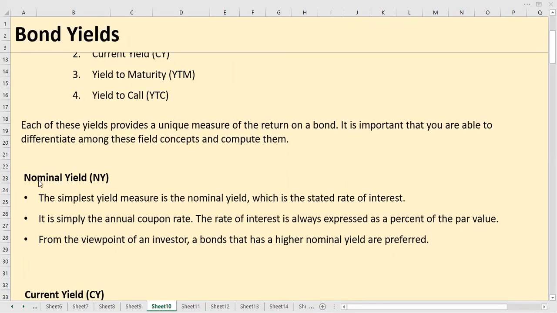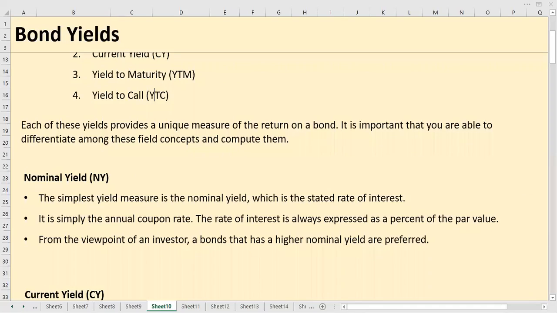It is printed on the face of the bond, or communicated at the moment that you are buying the bond. That is the given coupon value of the bond. If the coupon value of the bond is 9%, that is the nominal yield of the bond.